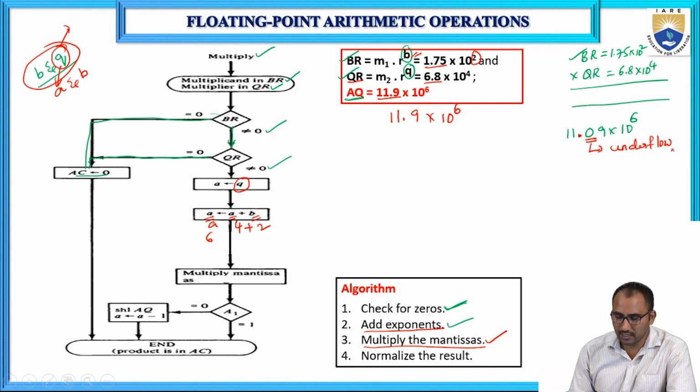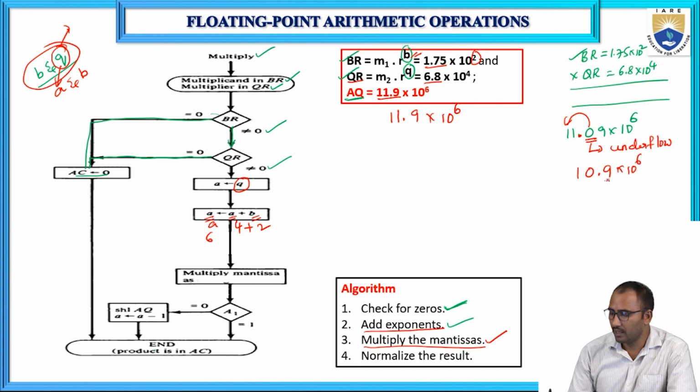If underflow is there, what do we have to do? We have to perform a shift left operation. If you perform the shift left operation, this 0 will move to the left side, so it will become 0.9 into 10 power 6.